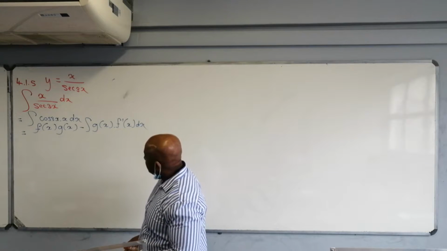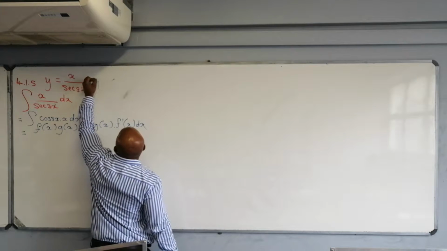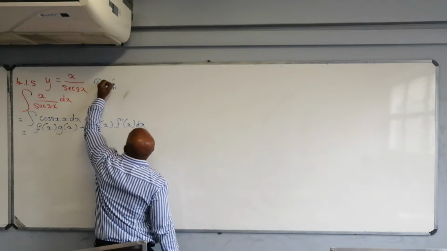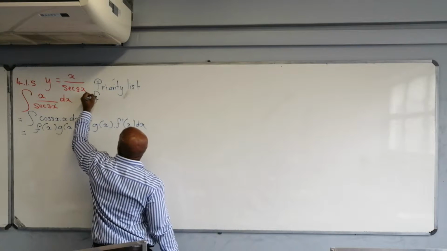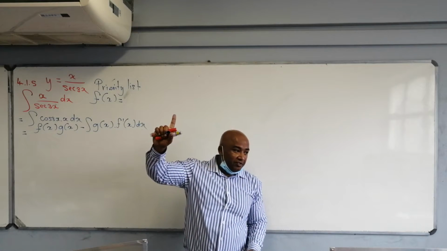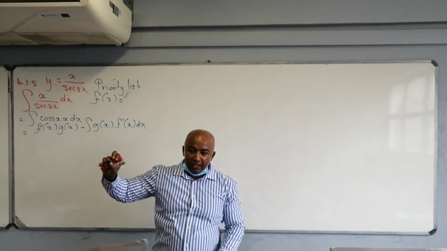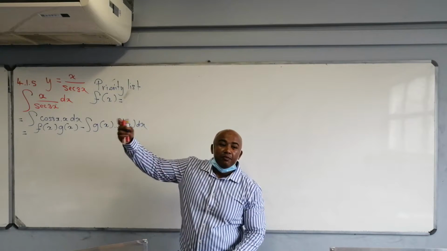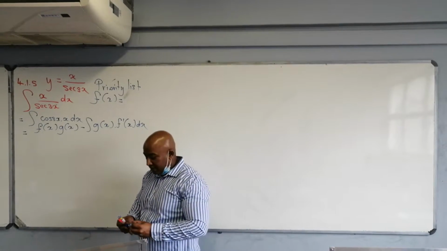So now, priority lists. Remember the priority list here. The priority list is for choosing f of x. Number 1 is your inverse. Number 2 is logs. Number 3 is powers of x. And number 5, the last one, is your trig function, which is cos.